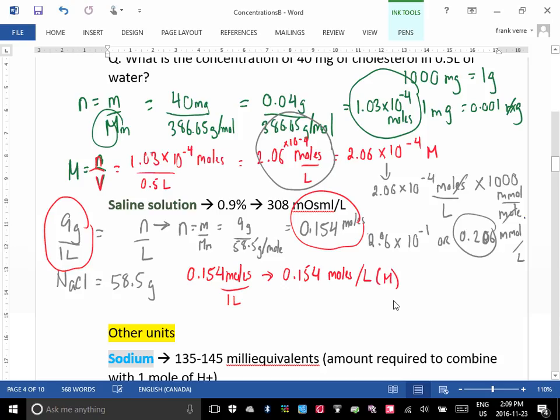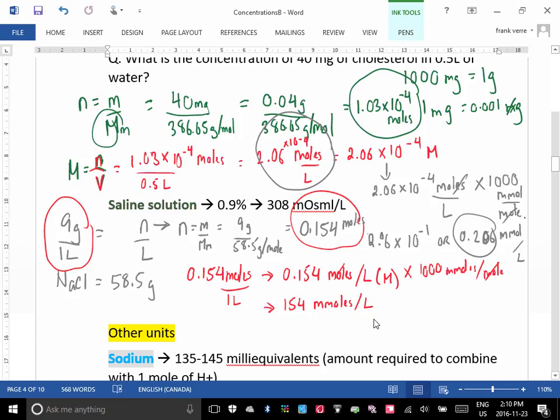So far, so good? Now, if you want to convert that to millimoles, times it by 1,000, because as we saw, 1 mole is 1,000 millimoles. If we multiply this by 1,000 millimoles per mole, the moles will cancel out, and you'll get an answer of 154 millimoles per liter.